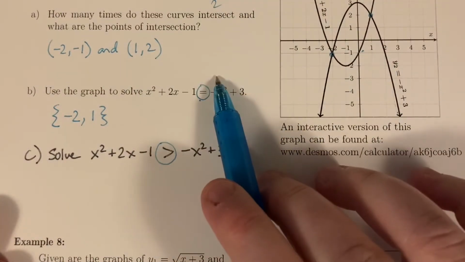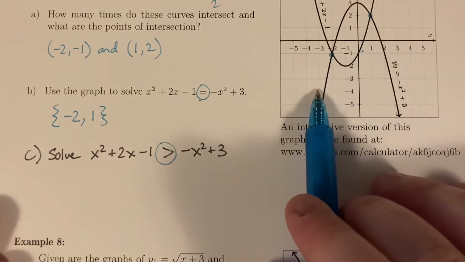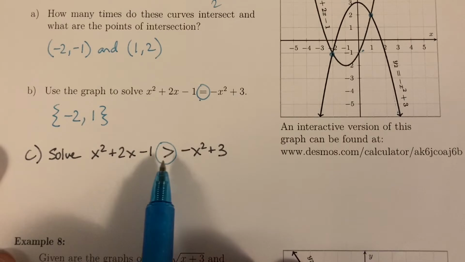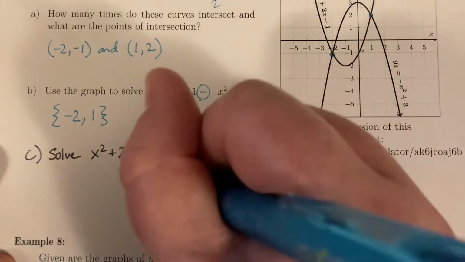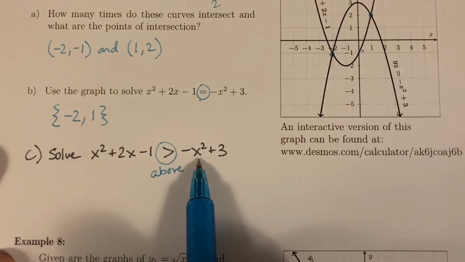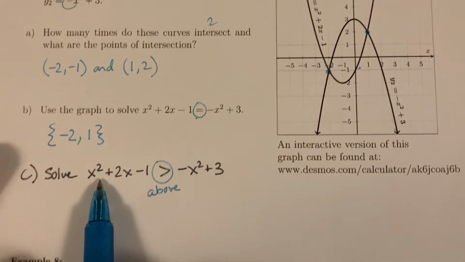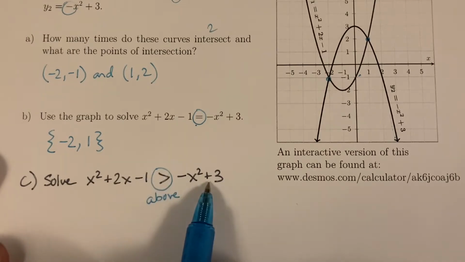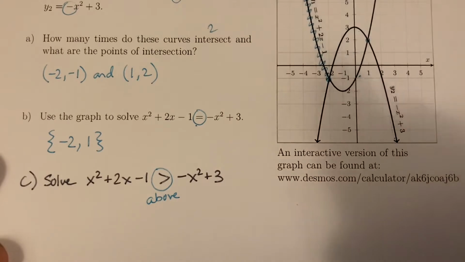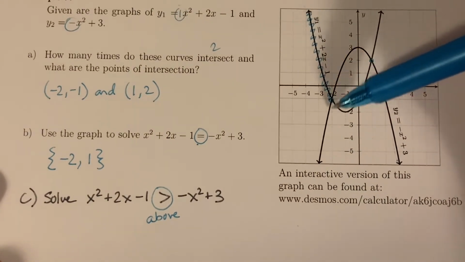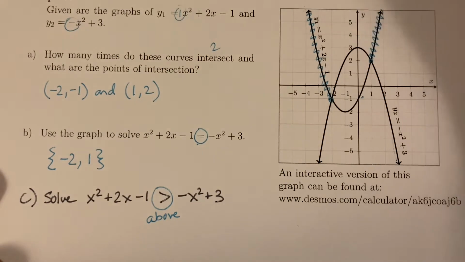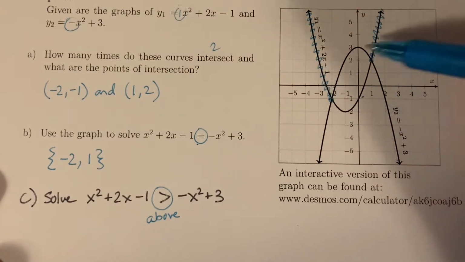So before we were looking for where the two graphs crossed each other, now I'm looking for where the y value of one parabola is greater than, or above, the y value of the other parabola. So where are the y values of the right side up parabola above the upside down parabola? Looks like this whole area right here, right? Those would be y values that are above the upside down parabola. And then over here too, y values that are above the upside down parabola.